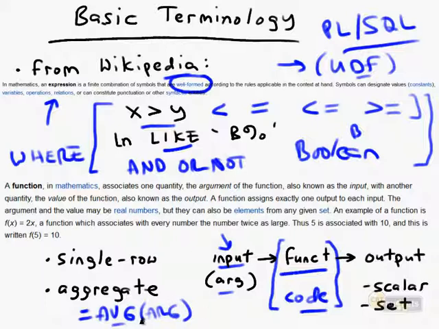This could be a range of cells, it could be discrete values, whatever. So that's what an argument is. It gives the function some input with which to do its operation. Grist for the mill, as I sometimes like to say. The output of the function is going to be a single value. That's why functions are called scalar functions in some contexts.